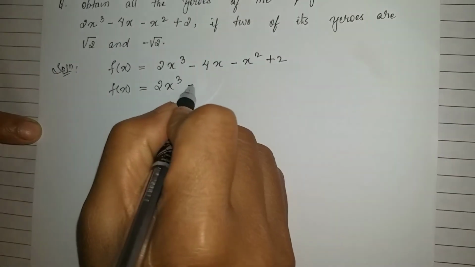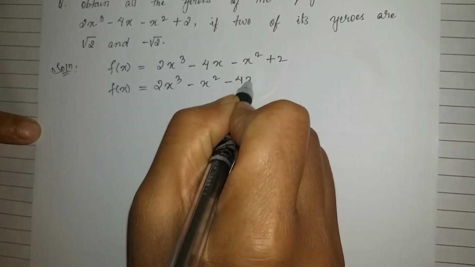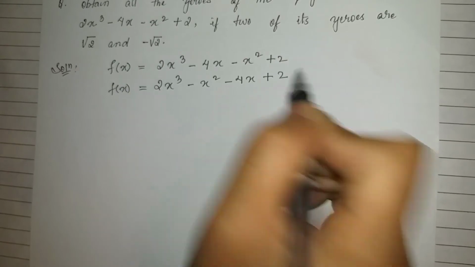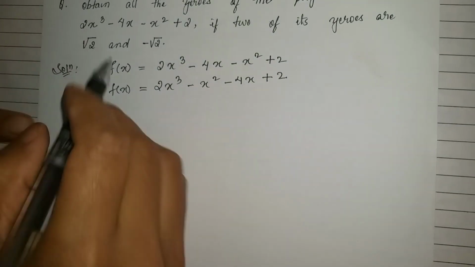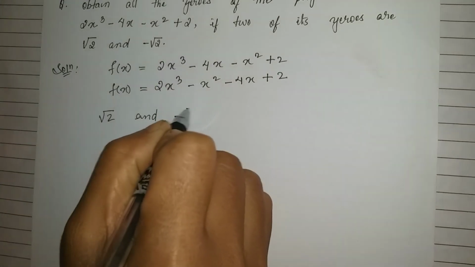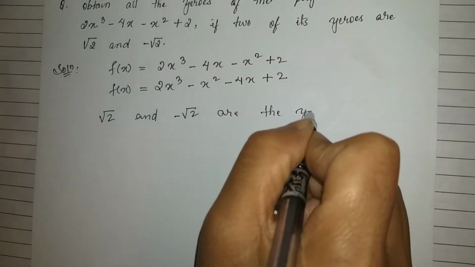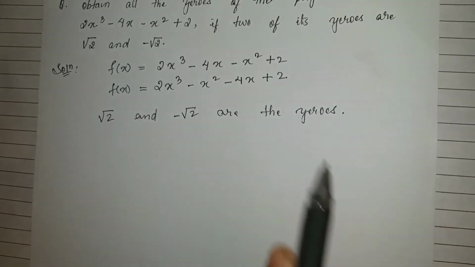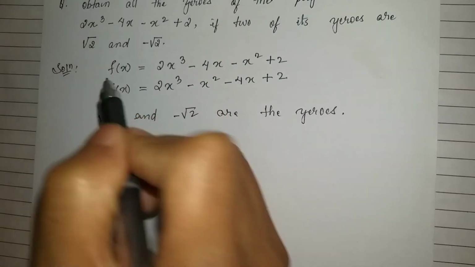So it will be 2x cubed minus x squared minus 4x, then a constant term, plus 2. Now it is given that root 2 and minus root 2 are the zeros of the given polynomial f of x.